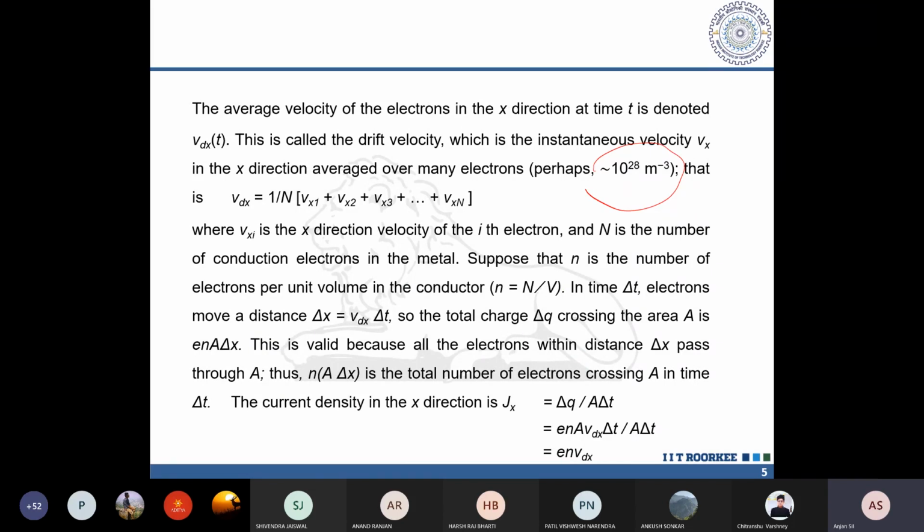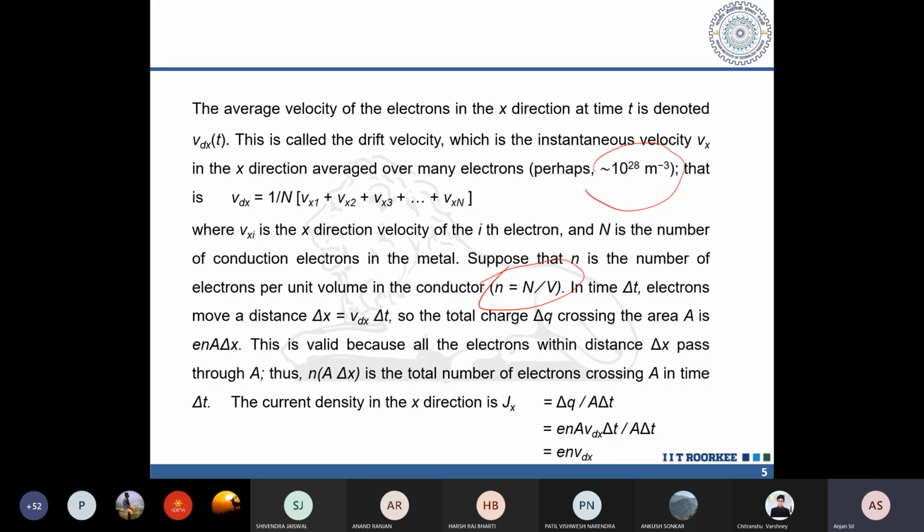It may increase or decrease, but on average this is it. So if you take the total number per unit volume, total number is capital N and total volume is V, so you have small n equal to capital N divided by V.